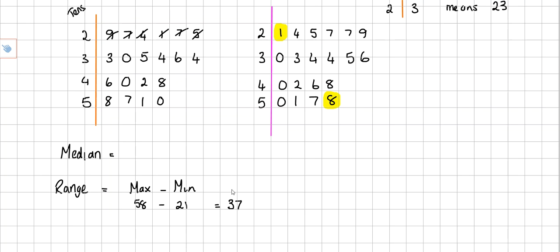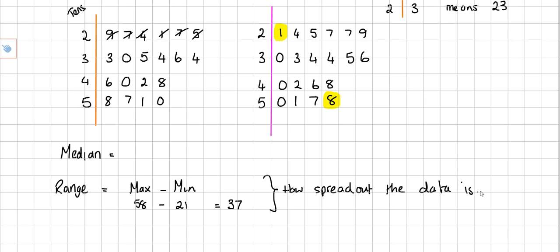So the range we should write really is how spread out the data is. So it's not necessarily about whether people are good or bad or high or low. The range is just how spread out the data is.